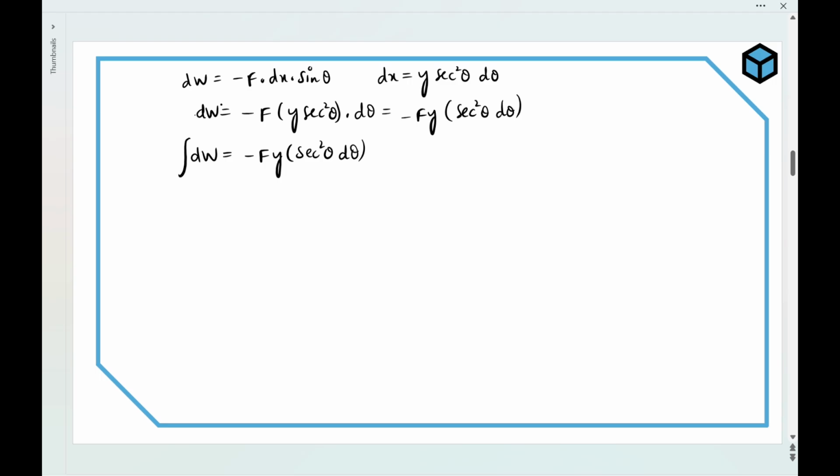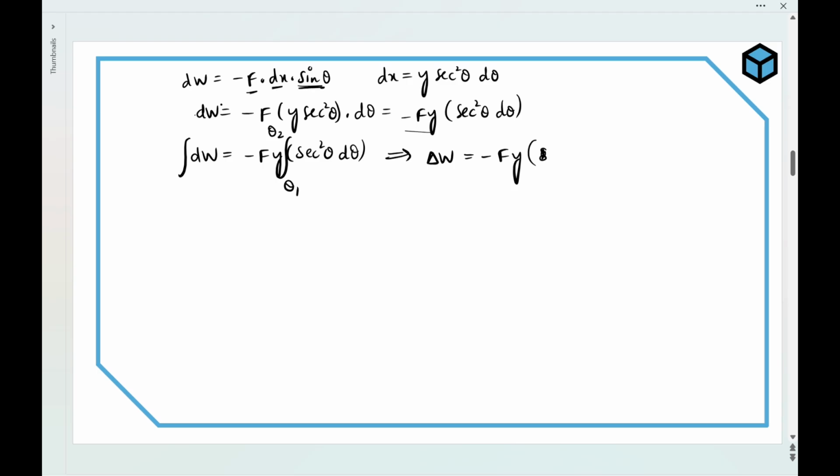So the small works, totally added from theta 1 to theta 2, will give you the total work, so we have to integrate it. Delta w is equal to minus F into y. Oh, sorry, I missed the sin theta here.